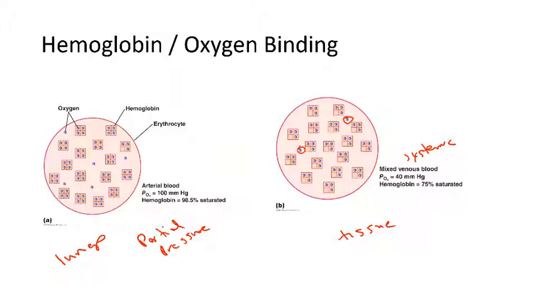So my partial pressure has dropped to 40. And in that 40, my hemoglobin is only 75% saturated. That means for the drop in pressure or concentration from 100 to 40, I've used 25% of the oxygen. So even in the veins, you still have 75% of your oxygen.